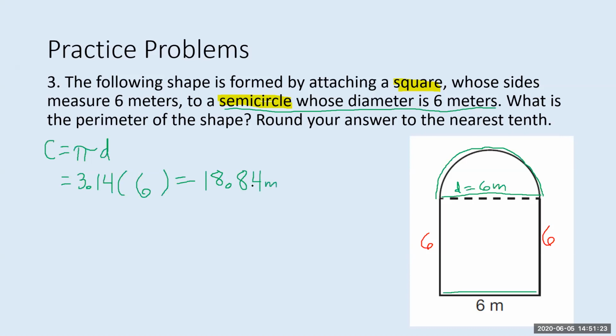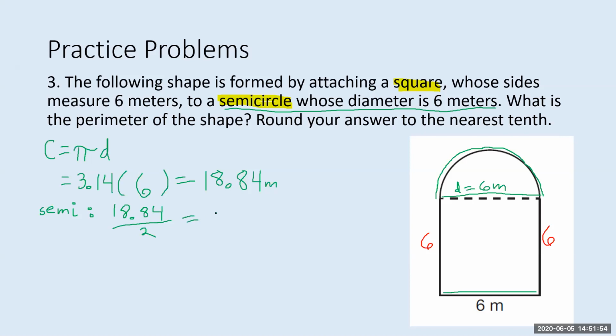18.84 meters. But then since we're talking about a semicircle or a half circle, I'm going to take that distance and cut it in half. So for the semicircle, we want half of the distance around the whole circle. 18.84 meters cut in half, so divided by 2.